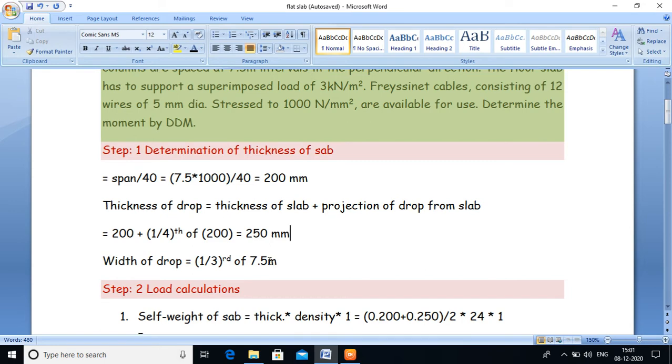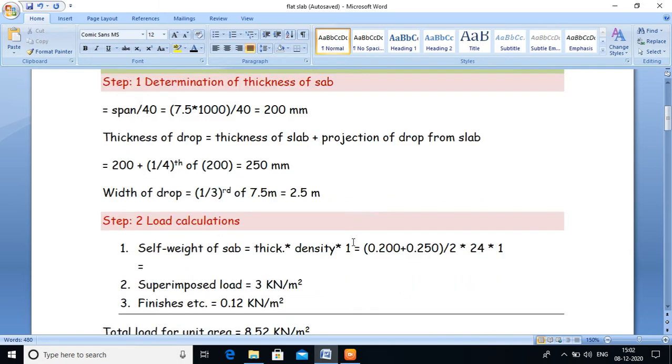One-third of 7.5 meter gives us 2.5 meter. So we'll consider the width of drop as 2.5 meter. So in step 1 we get the thickness of slab, thickness of drop and width of drop.